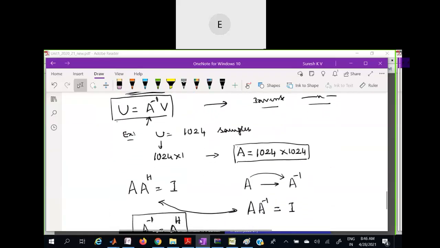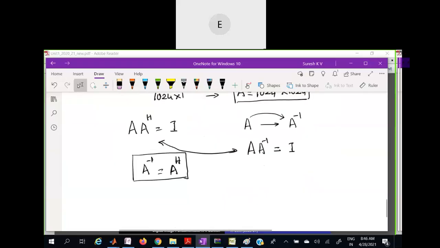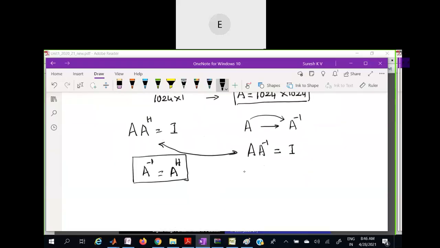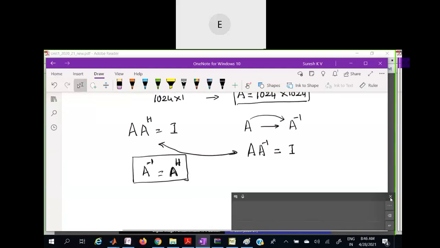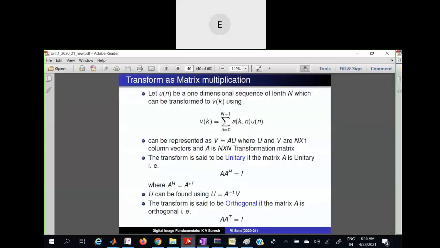So if the matrix satisfies the Hermitian property, finding the inverse is very easy because I can just do the Hermitian of the matrix, that is, complex conjugate it and transpose it. This is the reason why we say the transformation matrix should satisfy the unitary property.